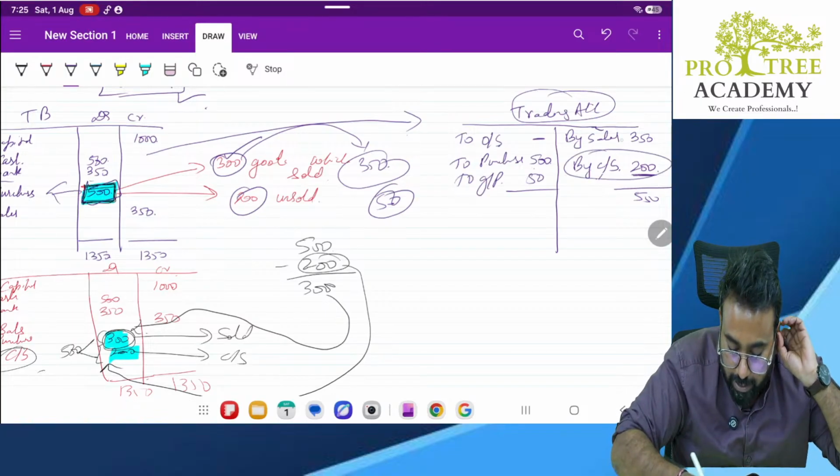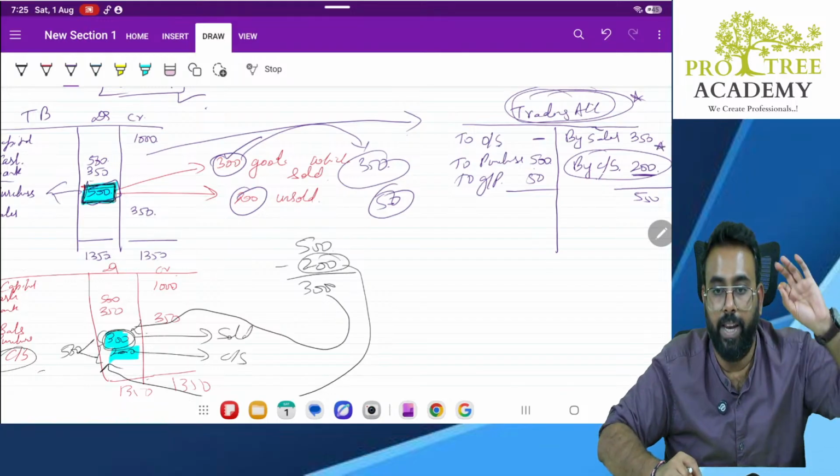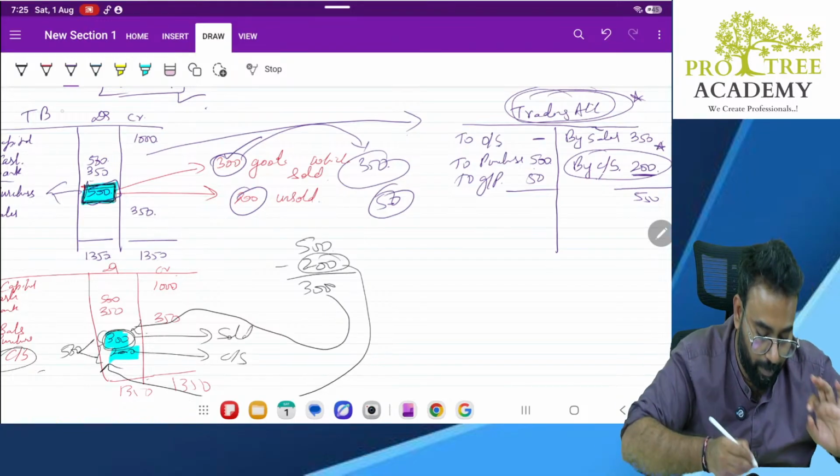So this which we recorded will be recorded if this is the way you prepare the trial balance.